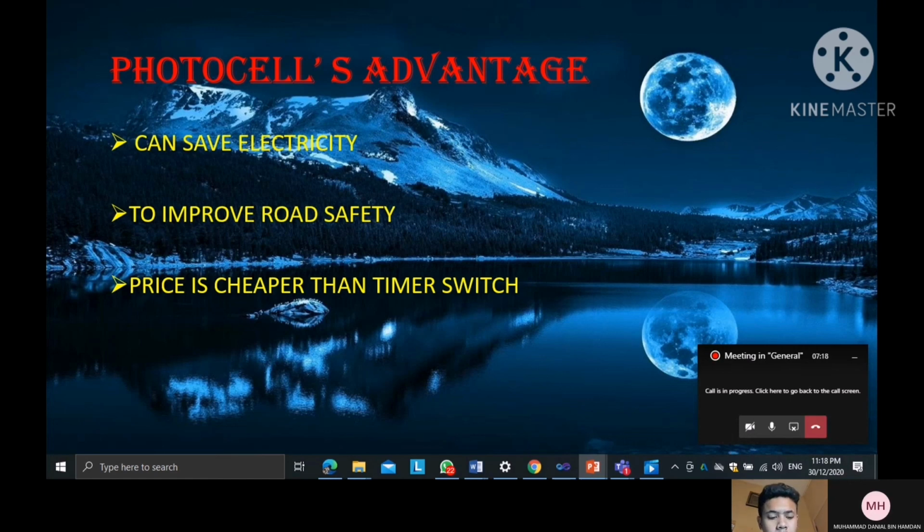So the function of street light is to be able to reduce the accident. Next, the price of the photocell is cheaper than a timer watch. It is because people use photocells for their life and electrical appliances and they are very easily available.